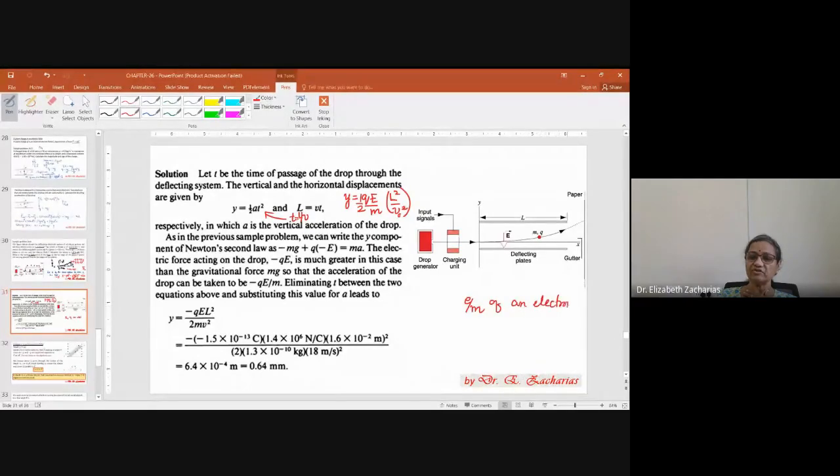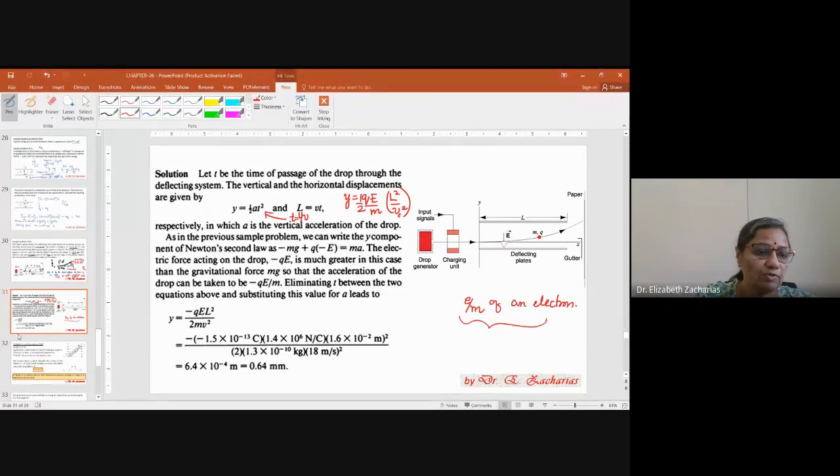The first part is what is discussed here. The next part will be discussed in magnetism. When we do magnetism, I will discuss the second part, and then you will understand how this setup could be used to find out e by m of an electron.